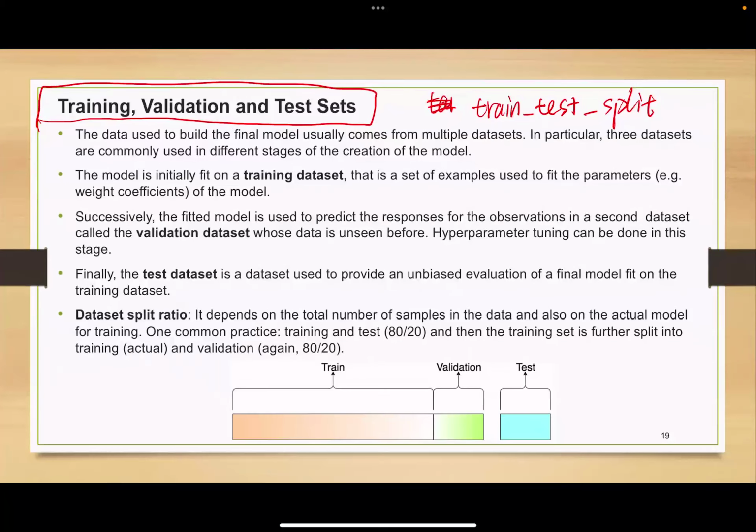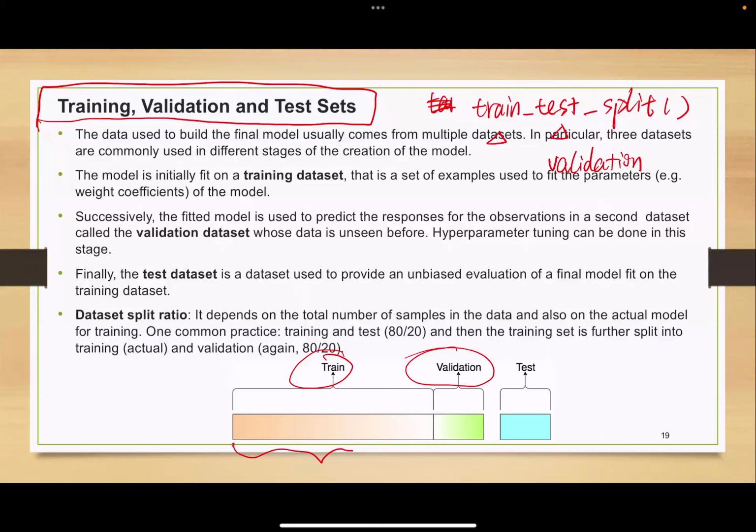We use this function to split the data set into a training data set and a test data set. But actually, when we use train test split, we split it into a training and a validation data set. So although the function is train test split, actually we split the data set into a train data set and a validation data set.